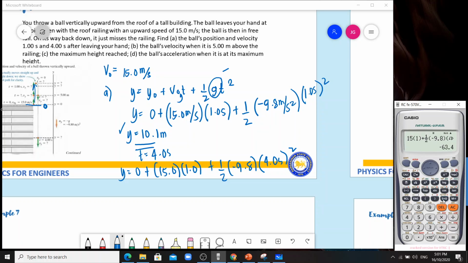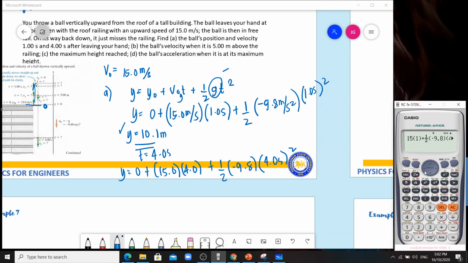So, that is equivalent to, tama ba? 4 seconds after leaving your hand. Ay sorry, this is supposed to be 4 seconds.